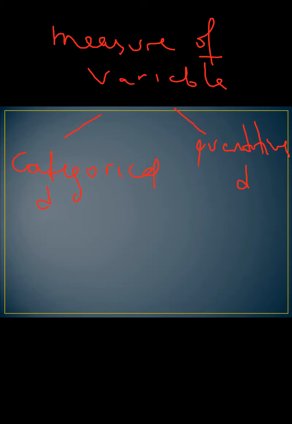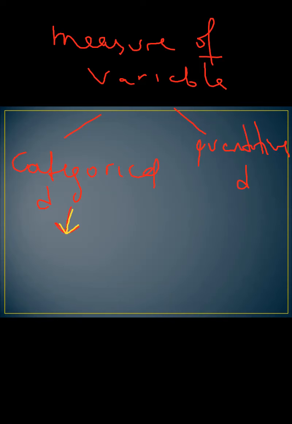Categorical data refers to values that place things into different groups or categories. It comes from categorical variables.